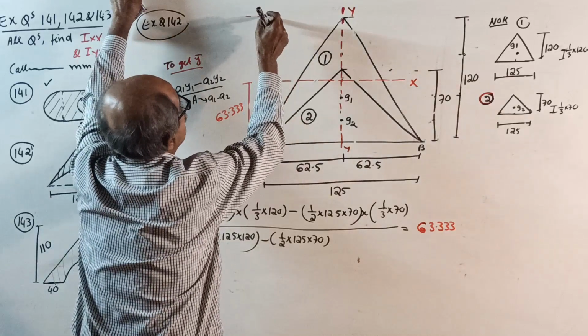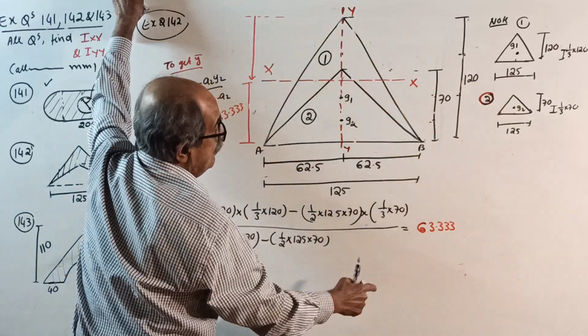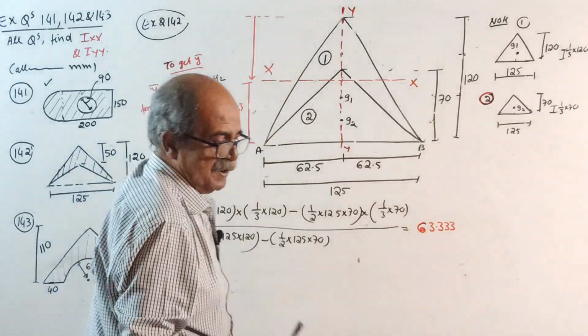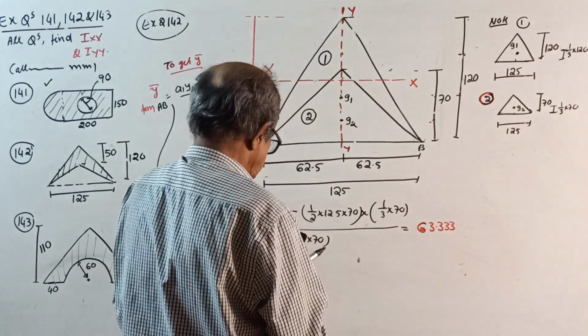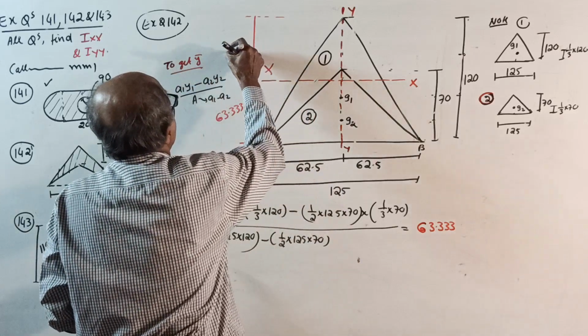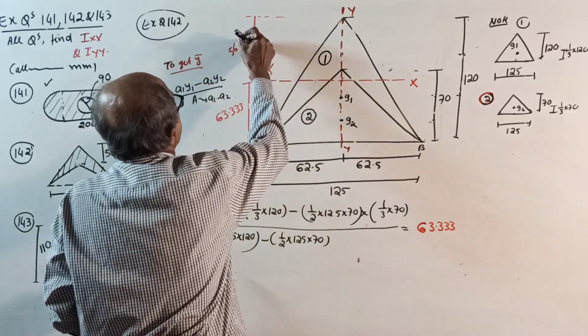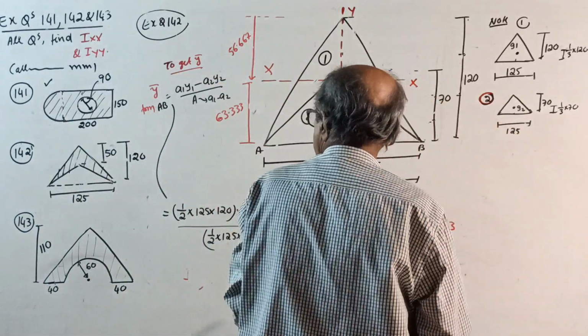Then from the topmost point up to here will be 63.333 minus 120, which is 56.667. That is the location. Okay, now everything is over.